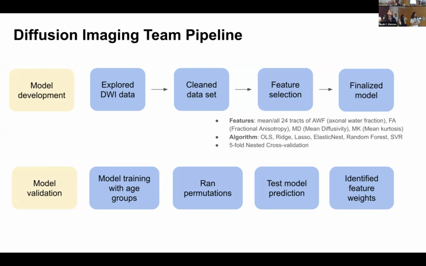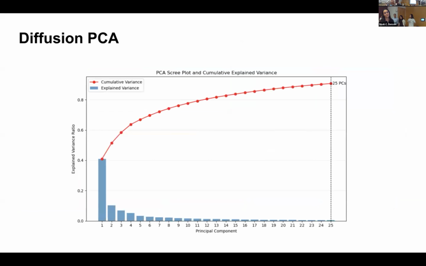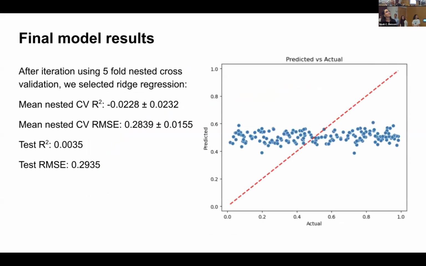And we also tested our model and ran bootstrap to see if there's any significant feature weights. We also messed around with dimensionality reduction. So we ended up working with 25 PCs explaining 90% of the variance. And this is an example of the models we tried.